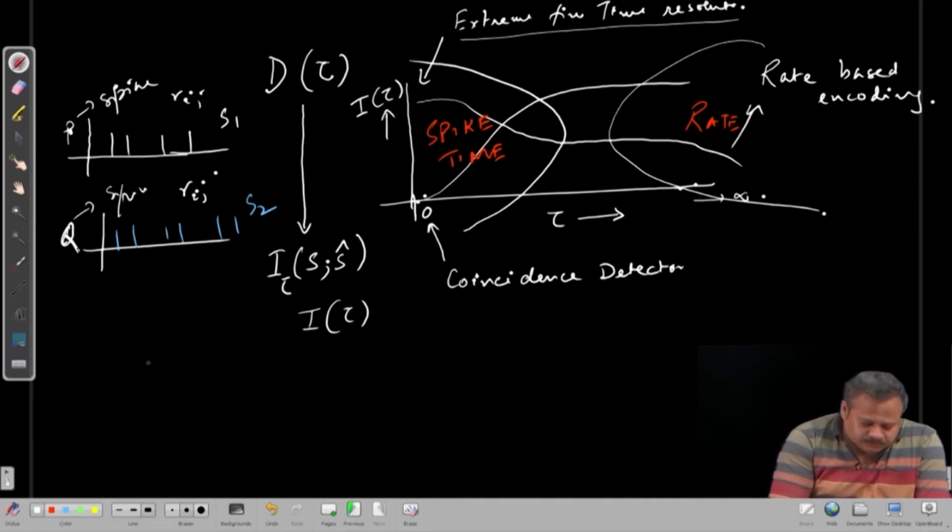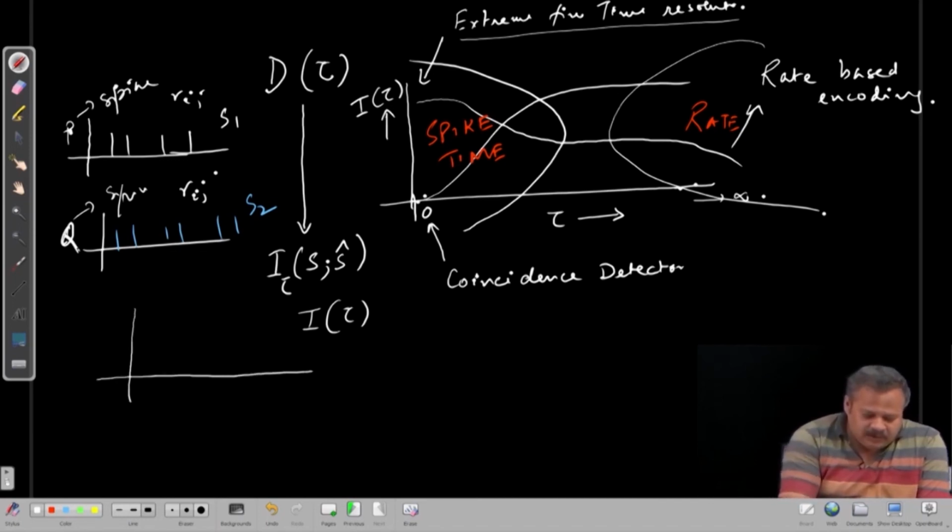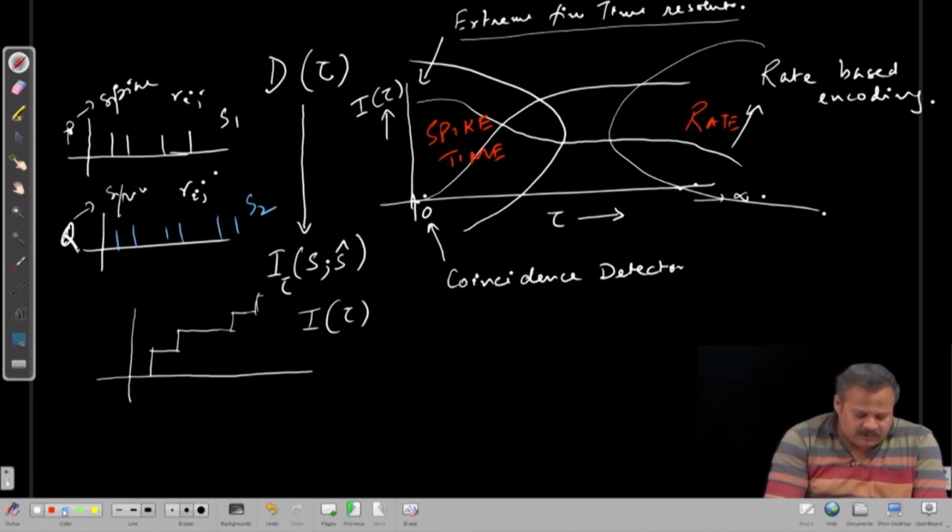So if tau is very large, in the case of the Rij, what we will have is jumps of equal amount at each and every spike location, and for the cyan case, again we will have similar jumps at each and every spike location.